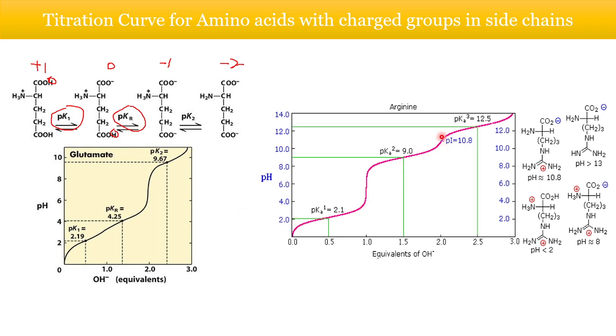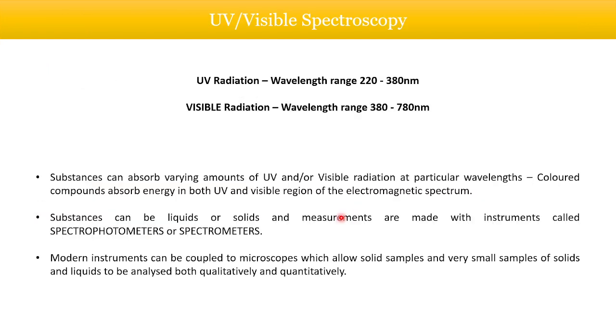For arginine, 9 and 12.5 are close, so you add them and divide by 2, and 2 is very far, so you need not consider it. So this is a simple way to think, but the basic concept is how I explained it. As we move from +1 to 0 to -1, these are the two pKa's which you would be taking.